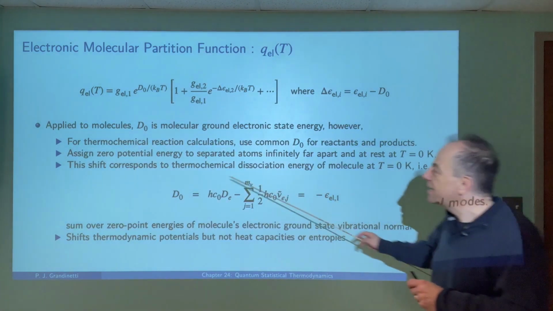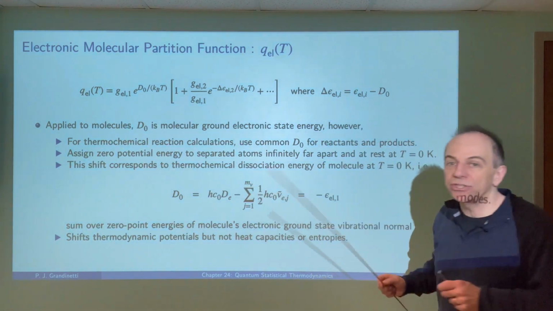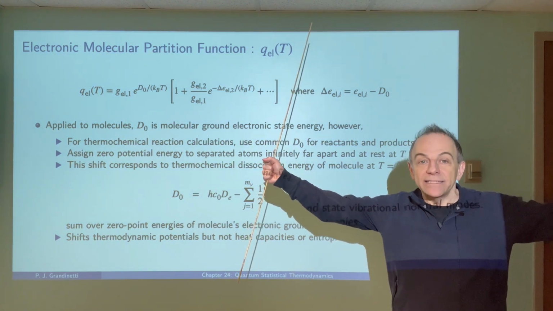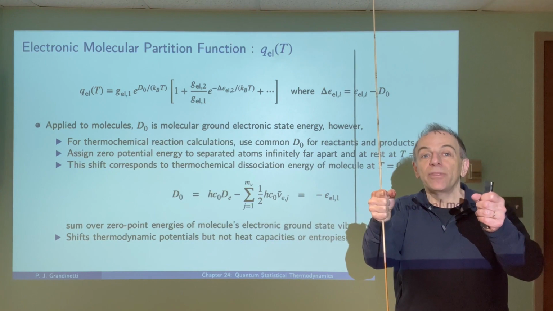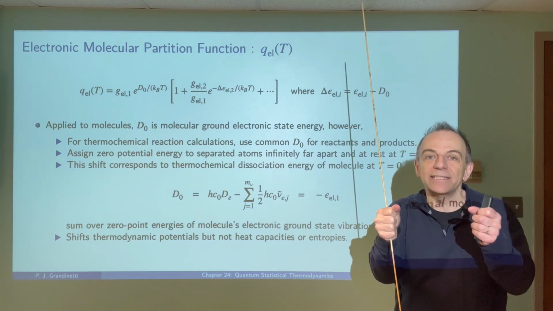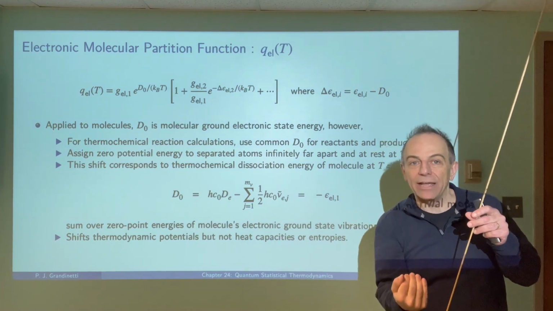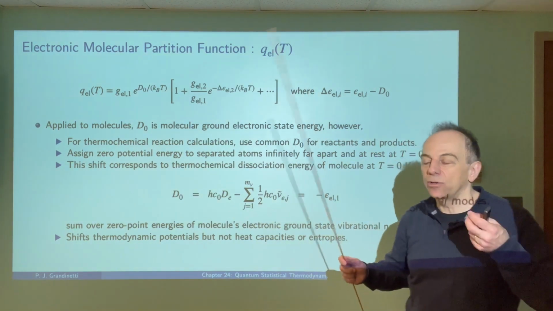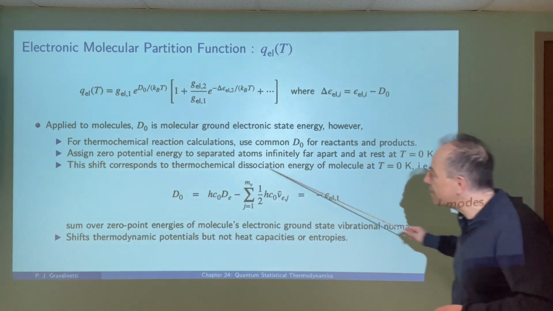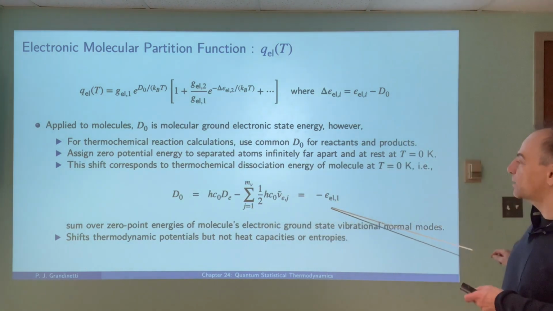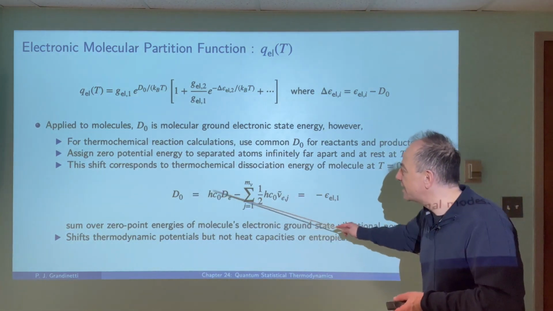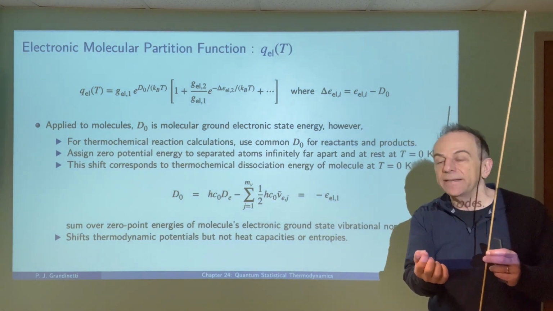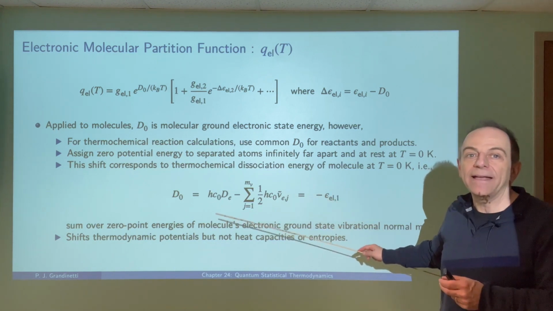So this is the zero, we're assigning the zero potential energy to all the atoms in the molecule infinitely far apart, and then as those atoms come together to form the molecule in its electronic ground state, that lowering in the energy is defined to be D0. Okay, so that's the way we're going to do it. And with that definition, it becomes this expression here, where D0, dE is just the energy at the bottom of the potential energy, but then remember there is a 0 point energy.